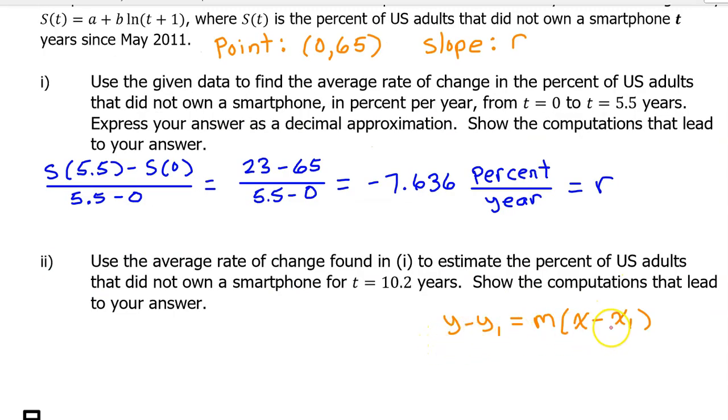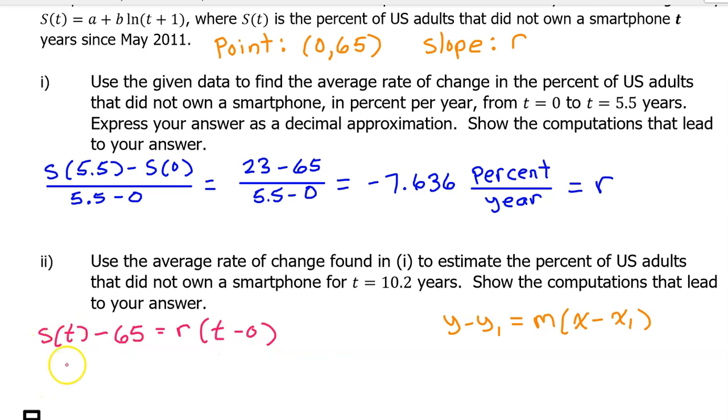Point-slope form looks like this, but we will use the variables provided to us in the problem. So instead of y, I'm going to write s of t. So y minus y becomes s of t minus 65 is equal to the slope, which is r, and x minus x will become t minus 0.